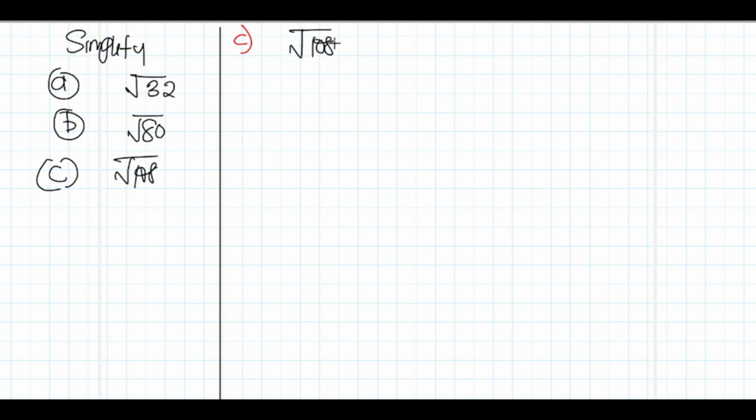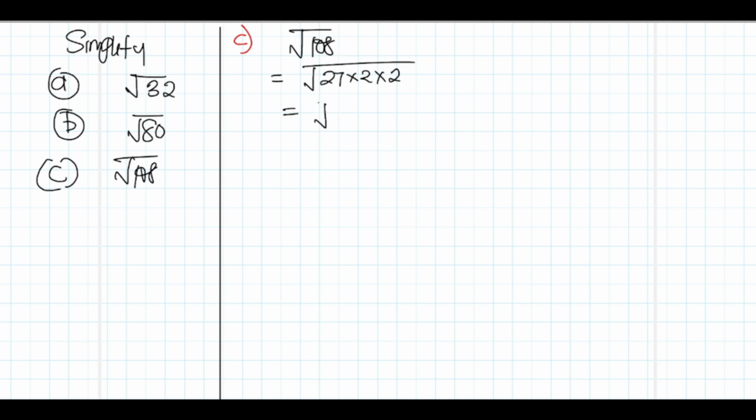Square root of 108. So if you remember, 108 is equal to 54 times 2, right? And 54 is 27 times 2, if you remember. So we can break it down to square root of 27 times 2 times 2. That's 27 times 4, right? 4 times 7 is 28, carry 2. 4 times 2, that's 108.